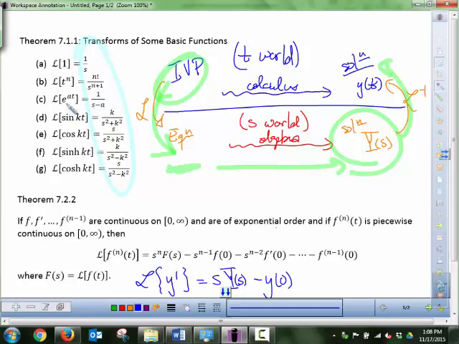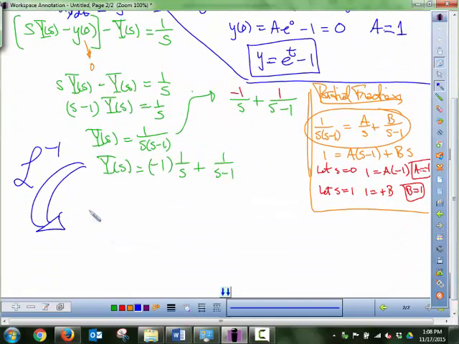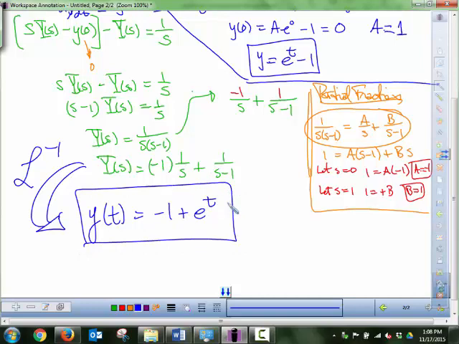That goes back to e to the 1t, e to the t. So not a surprise. That's what we got earlier. So your solution is -1 plus e to the t. And that's what we got the first time using calculus.